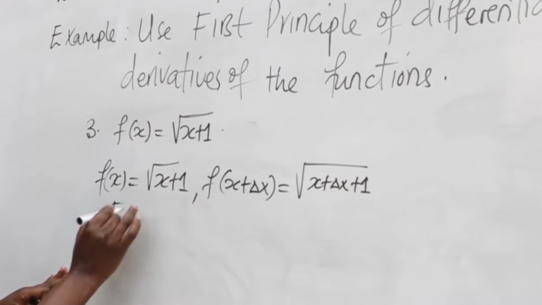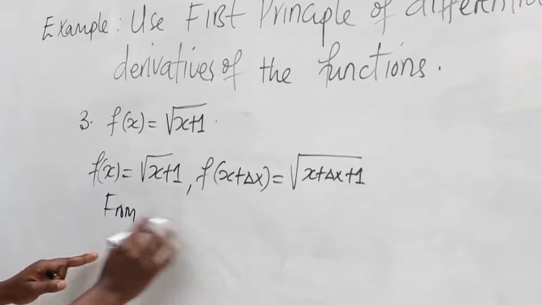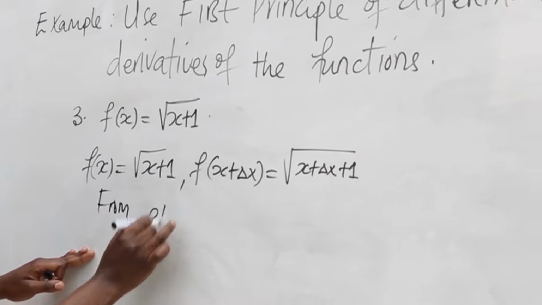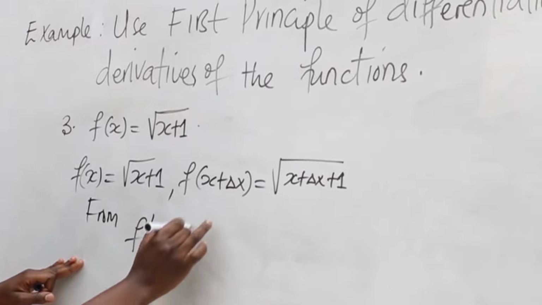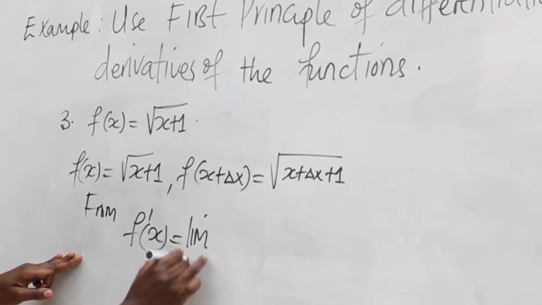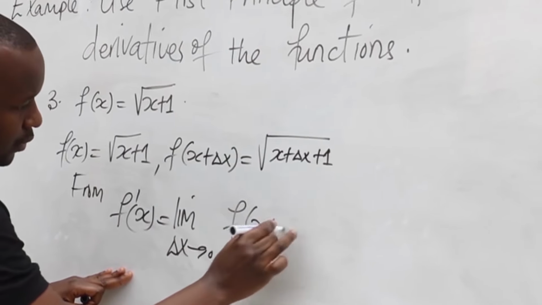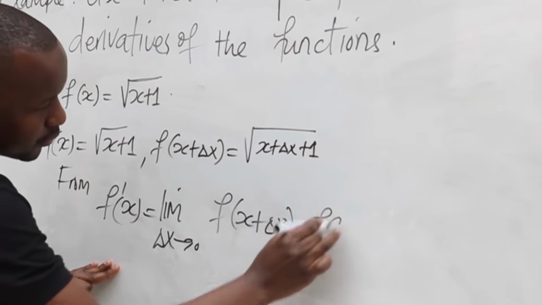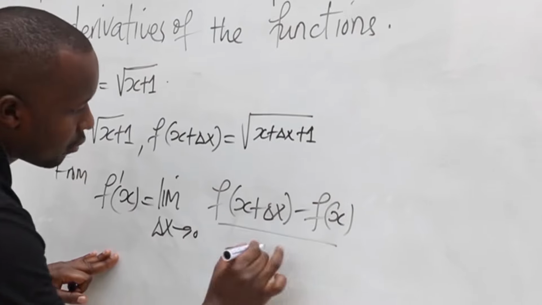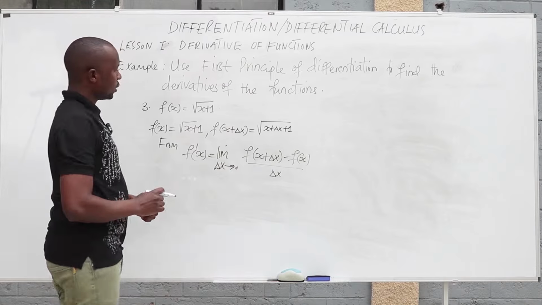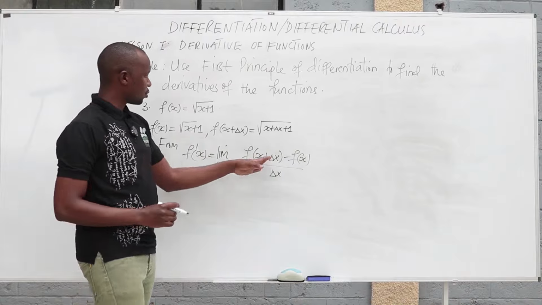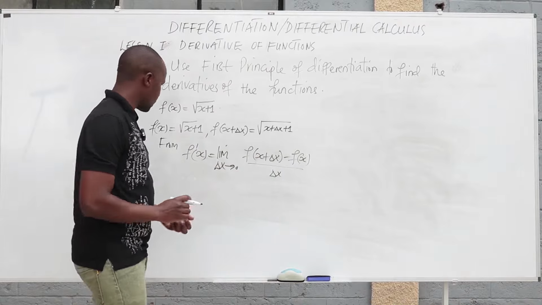So from the first principle of differentiation, that is f prime of x, which is the limit as change in x approaches 0 of f of x plus change in x minus f of x, over the change in x. From there we plug everything, the values of this and that, into the function.